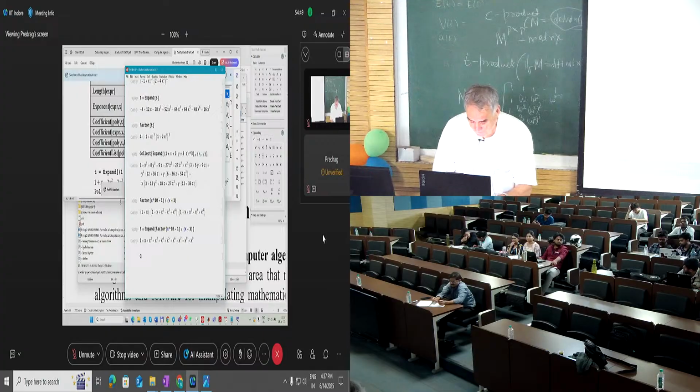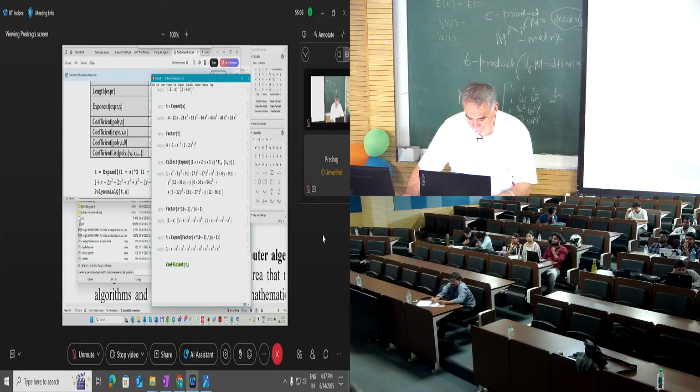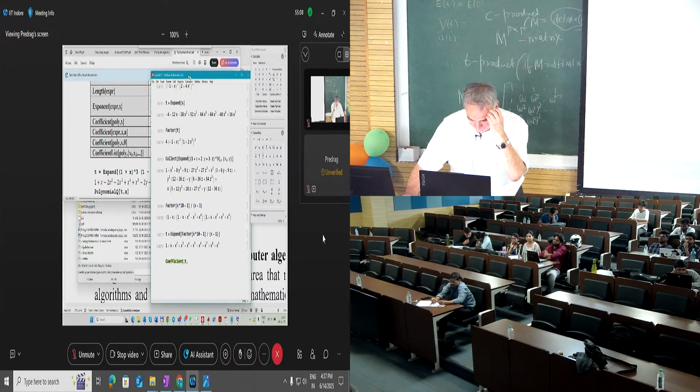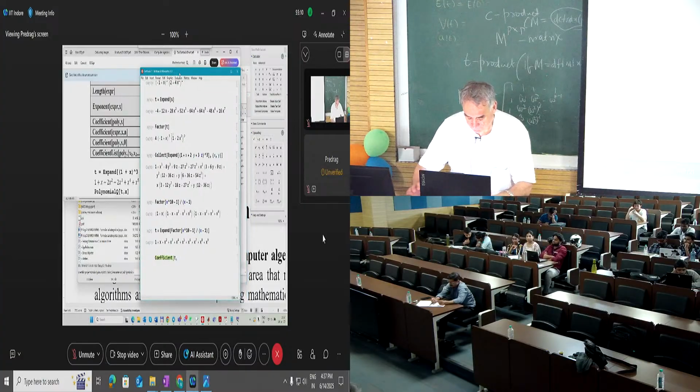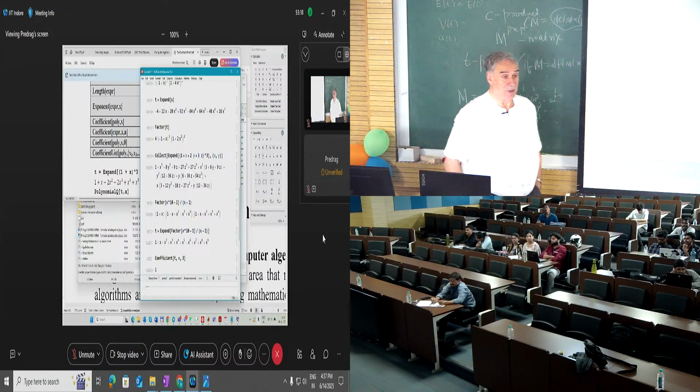Coefficients of t. x, 3 gives the coefficient in front of x power 3.